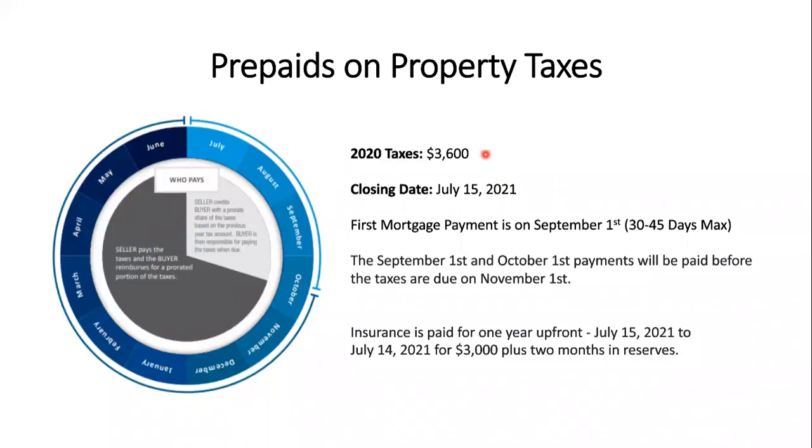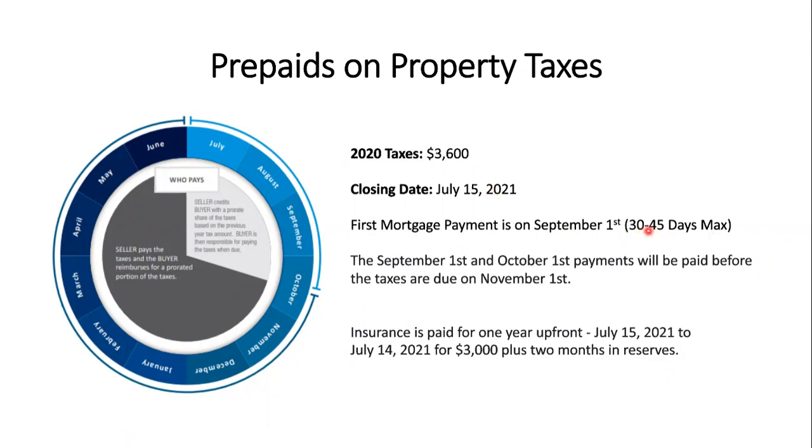In this example, the 2020 taxes for this property are $3,600 with a closing date of July the 15th, 2021. The first mortgage payment is going to be on September the 1st because typically the bank is going to provide the buyer anywhere between 30 to 45 days from the closing date of no mortgage payments.